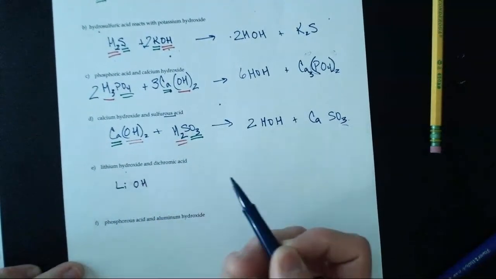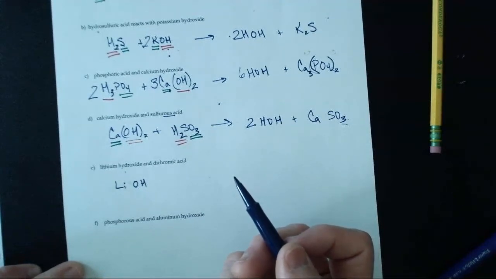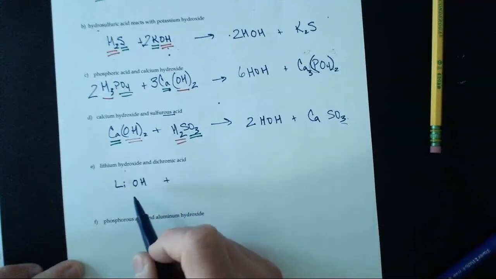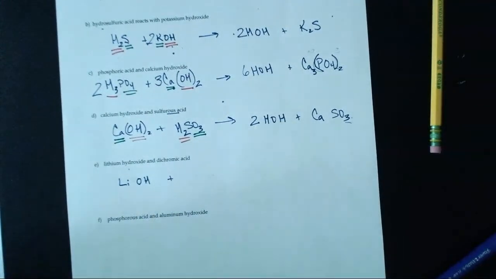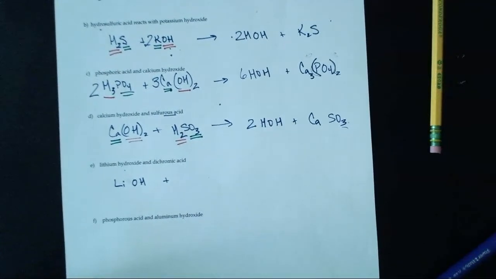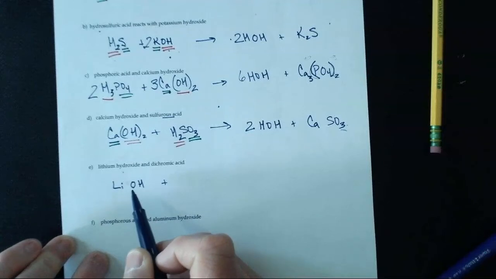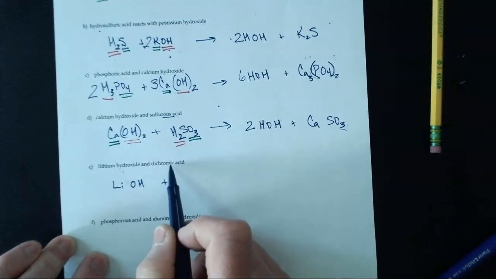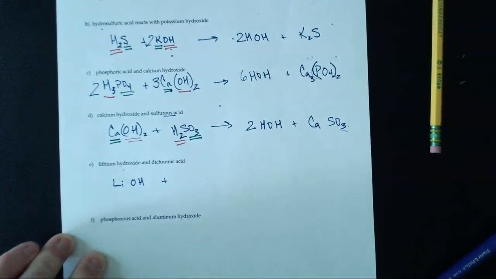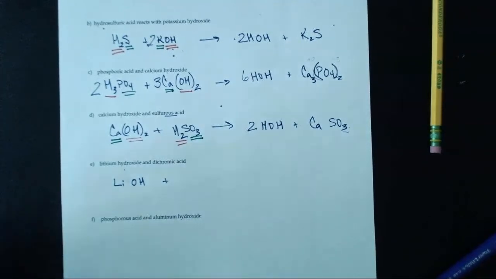lithium hydroxide plus, now let's take a look at that. Take a look at my periodic table and see if we need to change anything. Lithium is a +1, hydroxide is a -1, so that cancels out, so that's all good. Dichromic acid. Well, dichromic would have been dichromate, so I need to look on my periodic table and find dichromate.